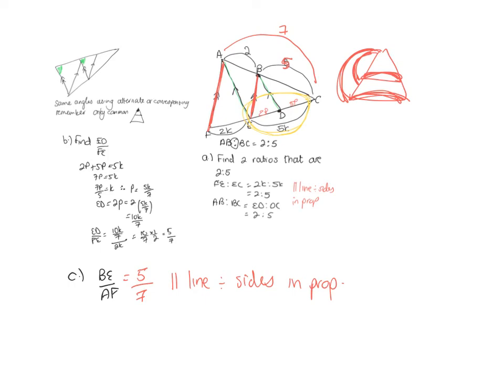Okay, and then it says, number D, hence or otherwise find the area of triangle BDE over area of triangle AEF. BDE, so this small triangle, and AEF. So if we look, and this is what I explained with the area just now, there's no common angle.